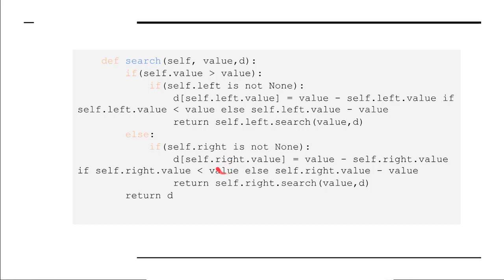Once this value is evaluated, I am moving to the next node, right or left, recursively. Once all the recursive steps are over, I will return the dictionary. From that dictionary, we will evaluate whether we found the same node as the new guy, or will find the nearest node.